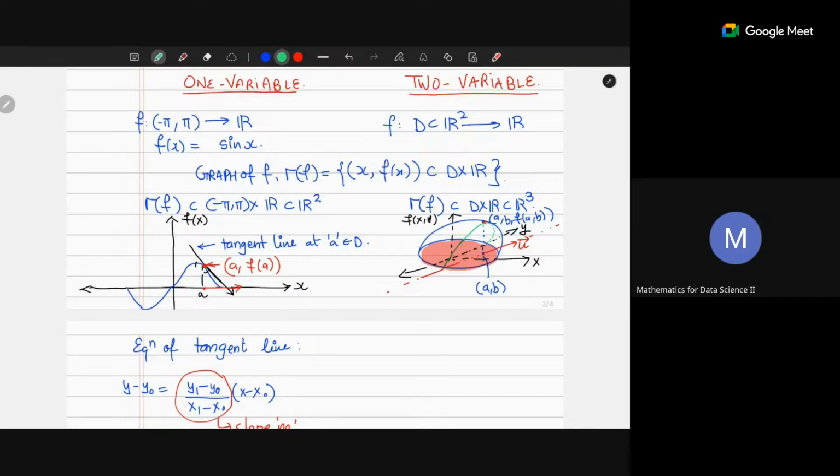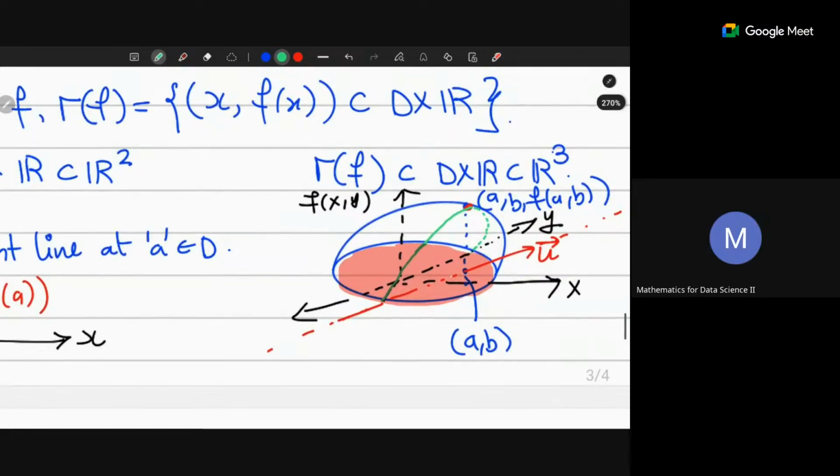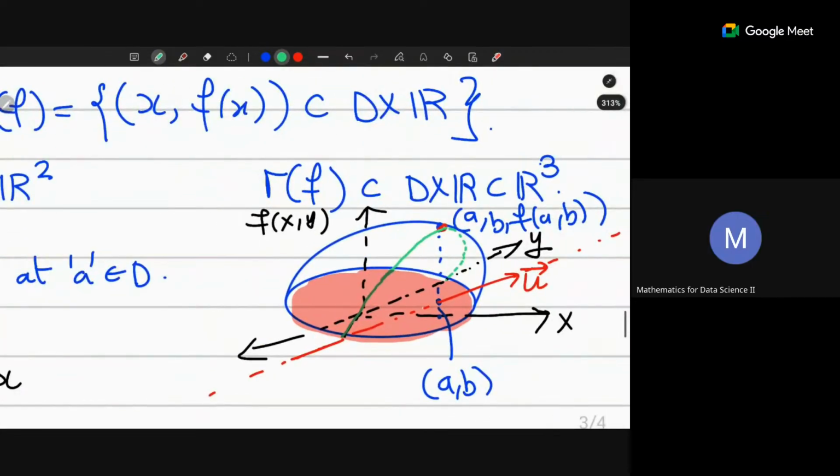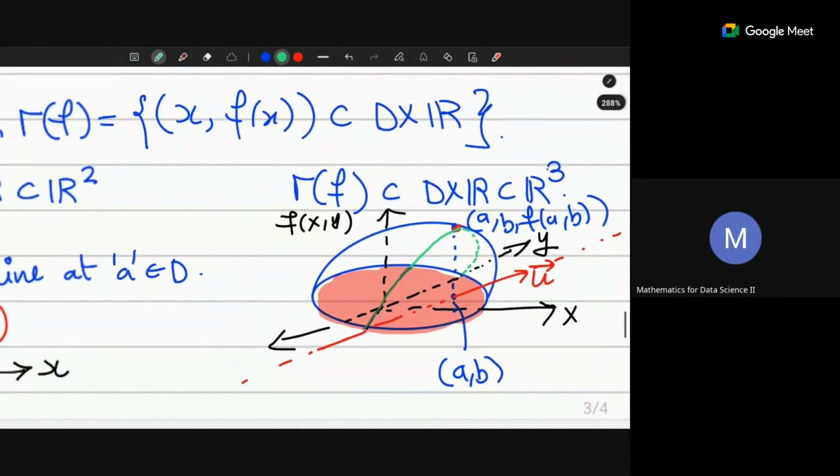Okay, let me zoom in if this picture is not clear. Right. So I have taken this direction u in the xy plane. And if I restrict my function to this direction, that means if I just take my function on this line, which is u, what is this line?